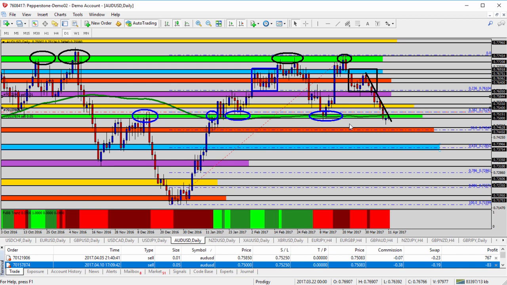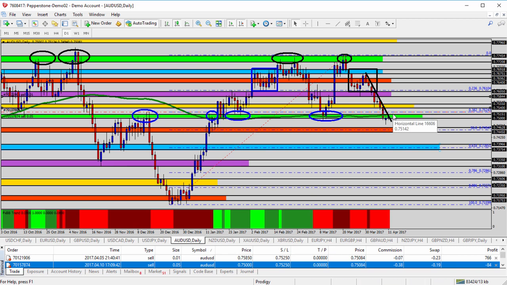One last thing I want to point out is Fibonacci from the lowest low on the chart, all the way down here at the very bottom, to the highest high on the chart. Fibonacci low to high puts the 38.2 Fibonacci retracement level right around 75.25. That sits just a hair above our moving average and our green shaded area.